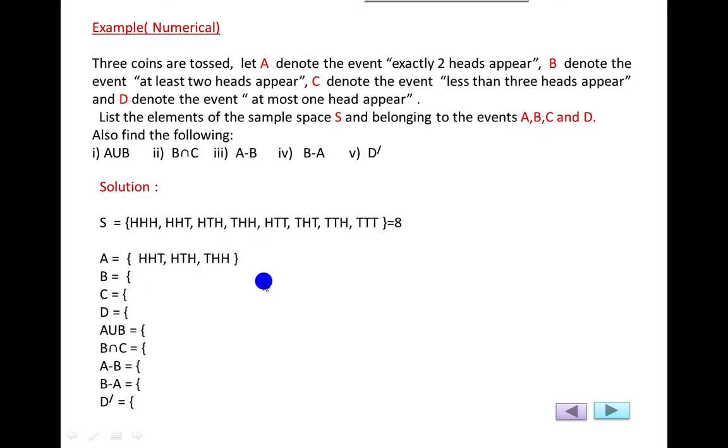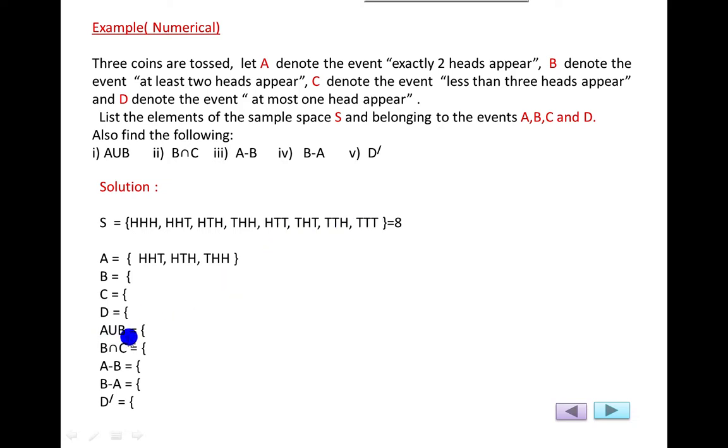Value will be equal to 4. C denotes the event less than 3 heads. Less than 3 heads means all these 7. D denotes the event at most one head, maximum one, not more than one. So from these, the last four will be included in this.